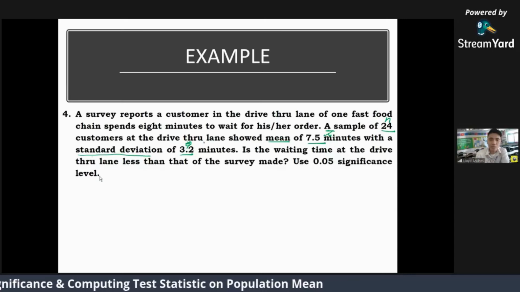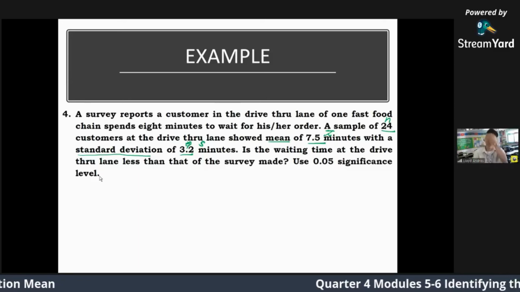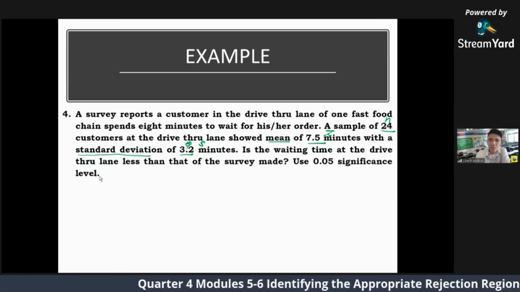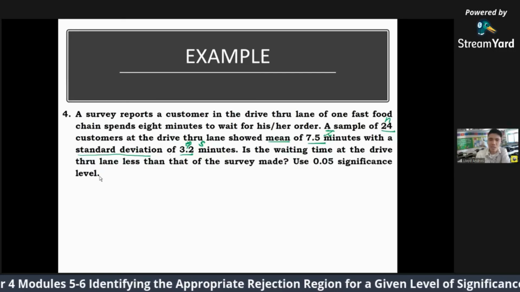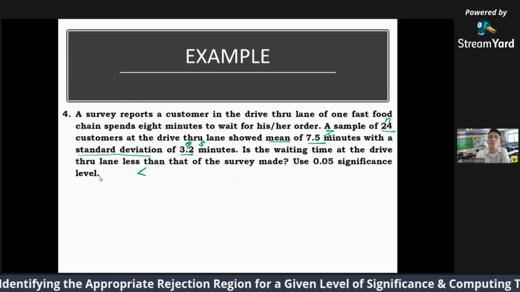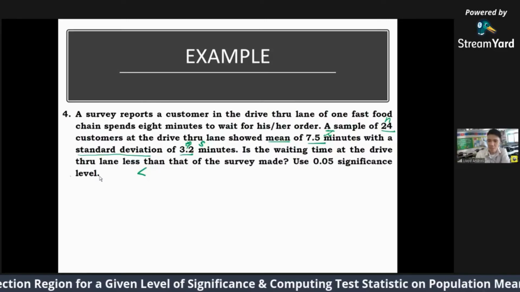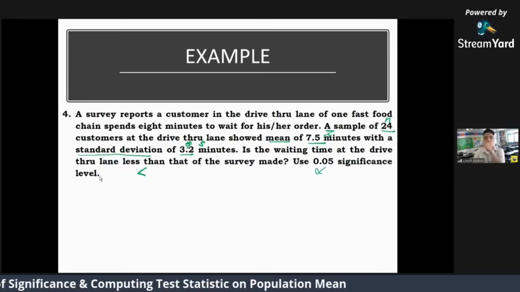S ni siya, kay a sample of 24. So, sa sample ni siya nga standard deviation. Tapos, is the waiting time at the drive-thru lane less than. So, less than, meaning left tail test ni. Then sigma, alpha nga 0.05. So, mao na ni ang mga given.